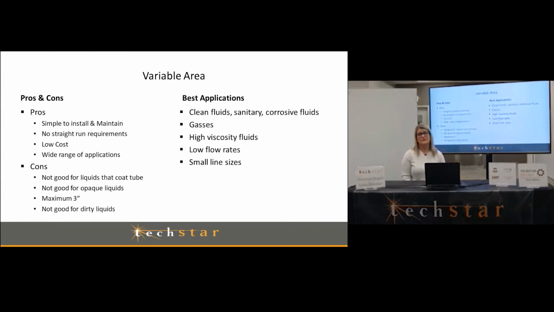These also have no straight run requirements, because we're really just looking at the position of the float based upon how much flow is going through the line, and they do have a wide range of applications. They're not really good for liquids that would coat the tube, or anything that would inhibit seeing what's inside the tube.